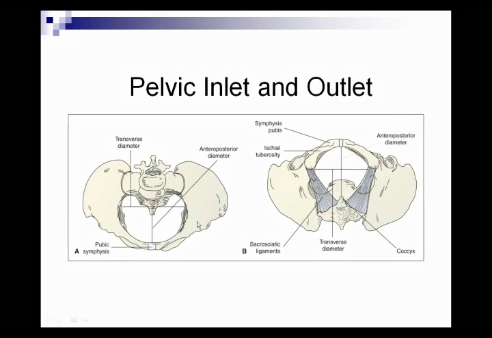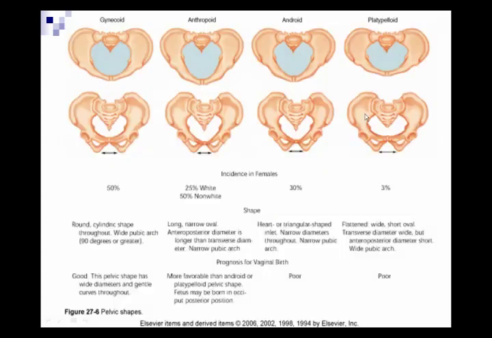So what they do is they look at the pelvic outlet, and this is to accommodate the fetal presenting part. And these are our four shapes: gynecoid, anthropoid, android, and platypelloid.